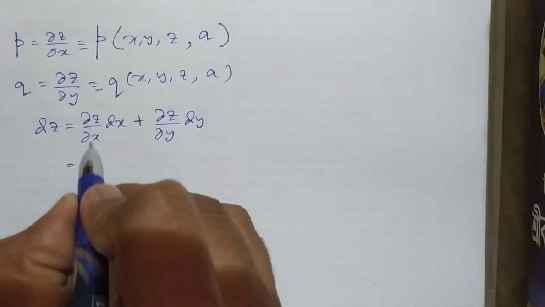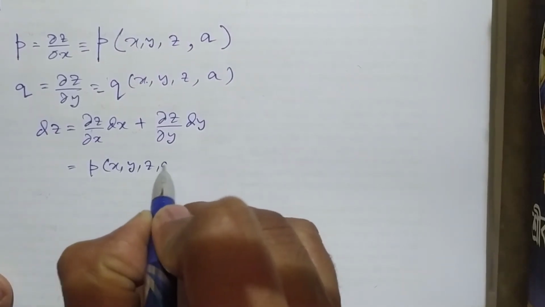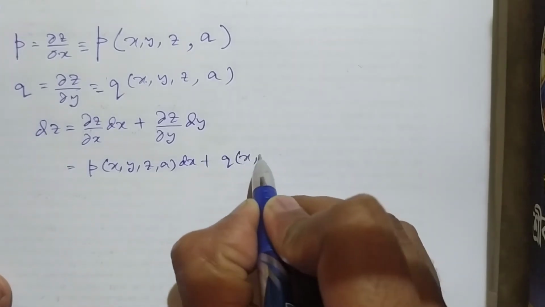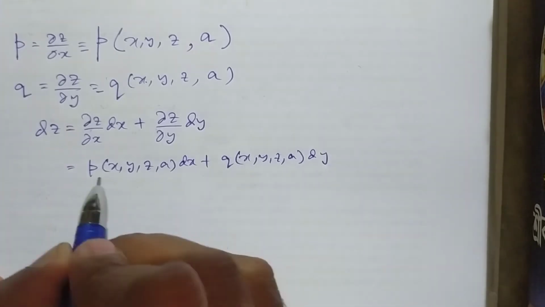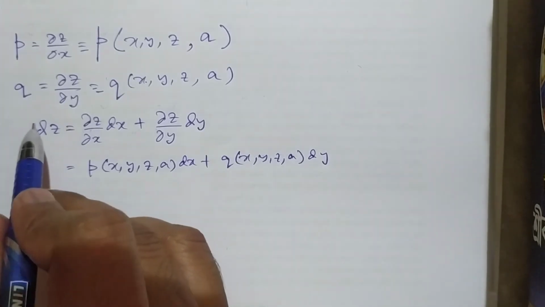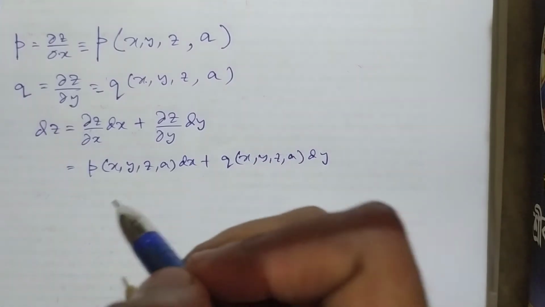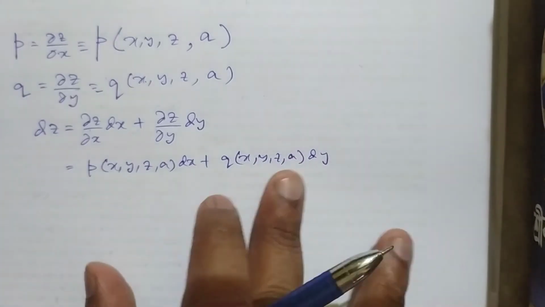As we know these two values, p(x, y, z, a) dx and q(x, y, z, a) dy, we have to solve this ordinary differential equation, and another constant will evolve out of this integration.